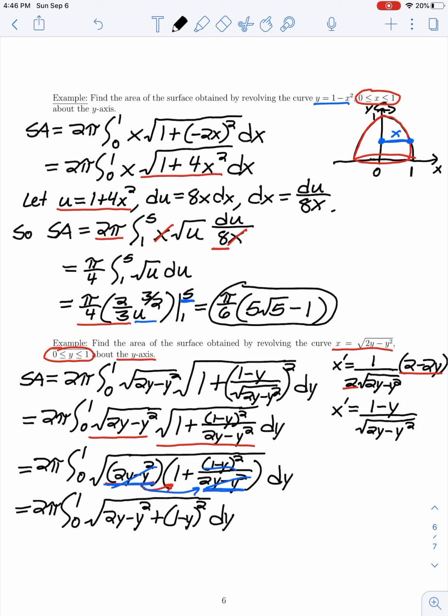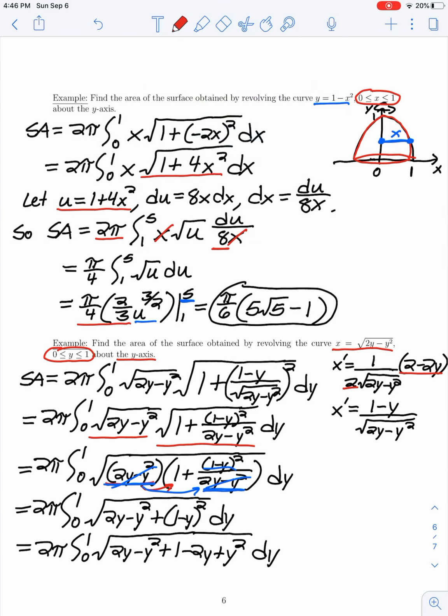We still have a dy on the end. So continuing to simplify, we have 2 pi times the integral from 0 to 1 of the square root of 2y minus y squared plus, when we expand this, 1 minus 2y plus y squared, dy.